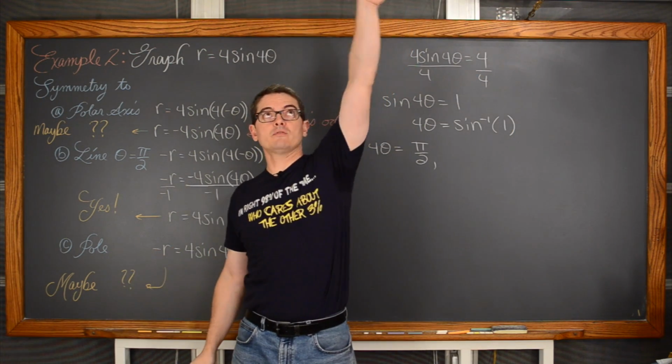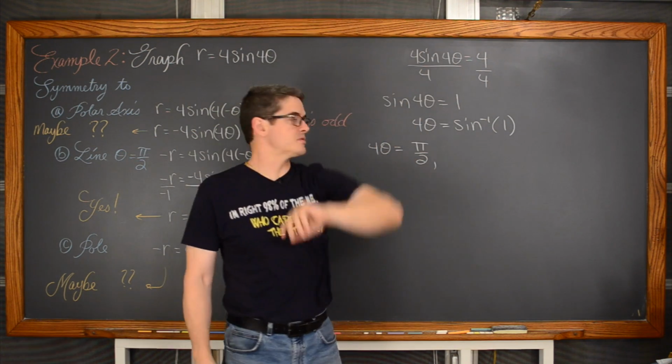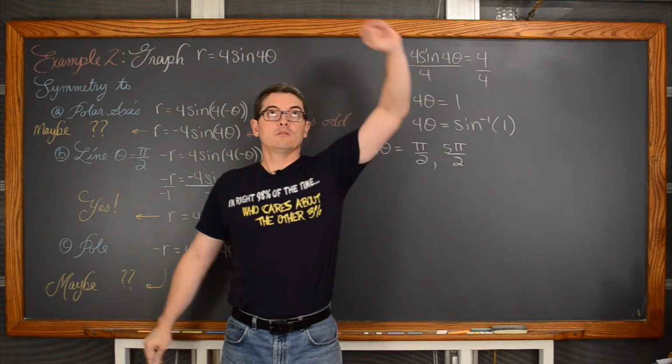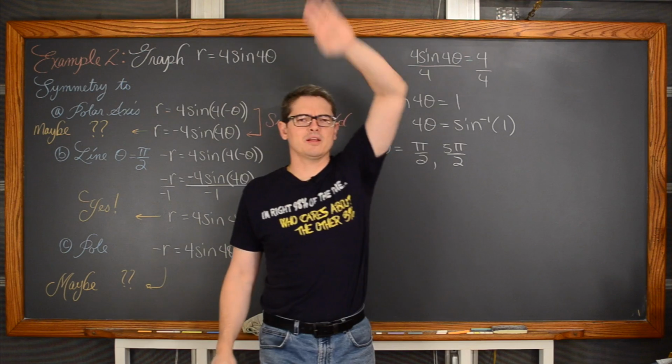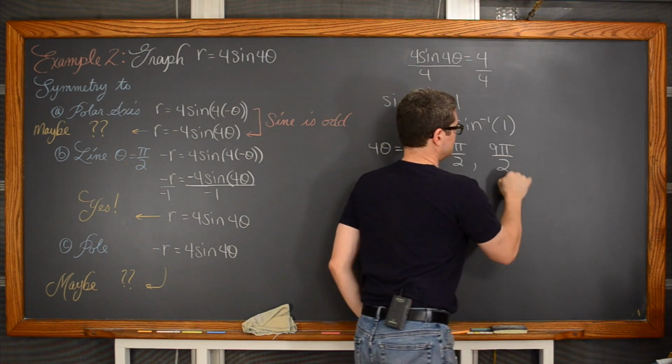And let's see, pi over 2, 2 pi over 2, 3, 4, 5 pi over 2, 5, 6, 7, 8, 9 pi over 2. I hope you realize I'm just trying to move my arm around the unit circle to give you a visual.